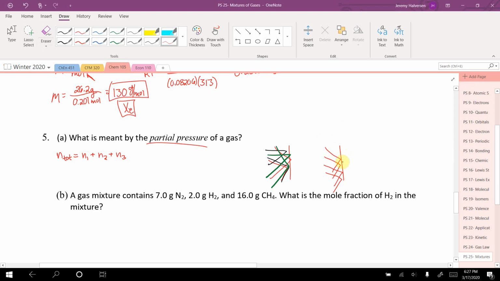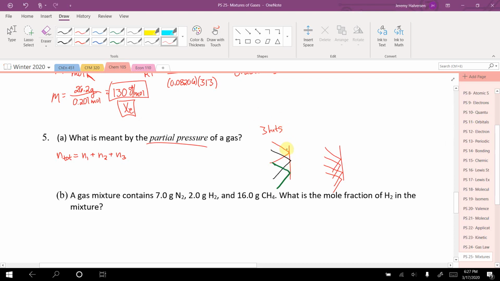Each of these gas particles, when it hits the wall, exerts a pressure on that wall. And all of the gas particles exerting pressure adds up to the total pressure. But if we have 3 different types of gas, for example, a red gas particle and a black gas particle and a green gas particle, altogether these added up to 3 hits, right?